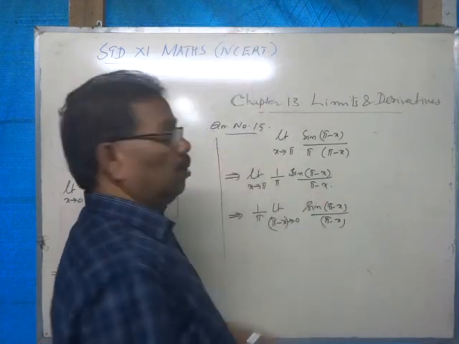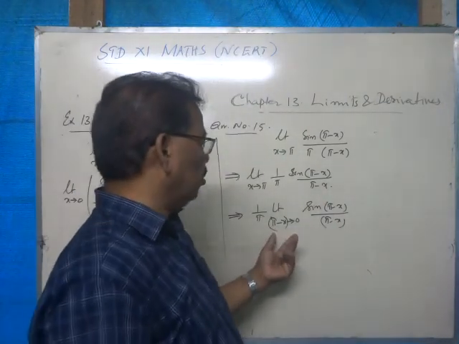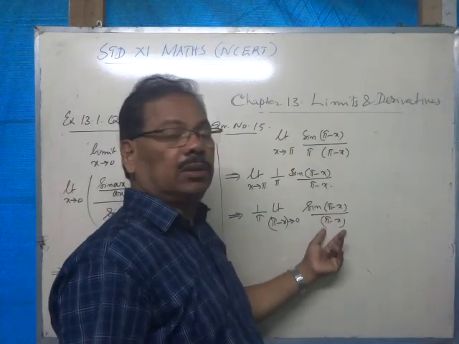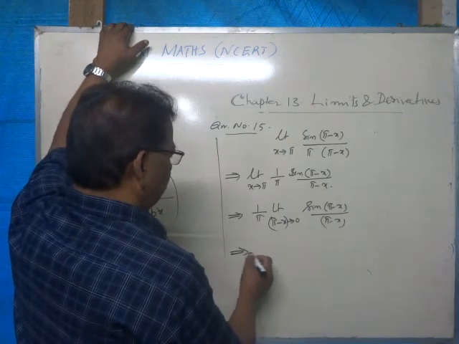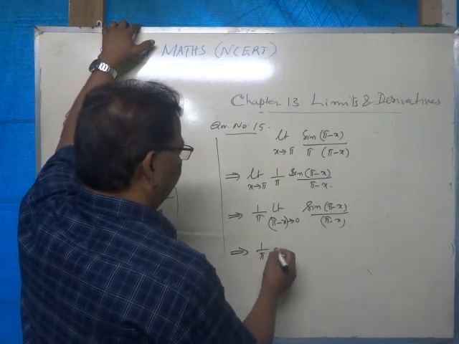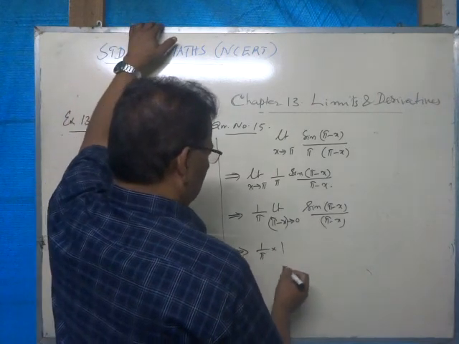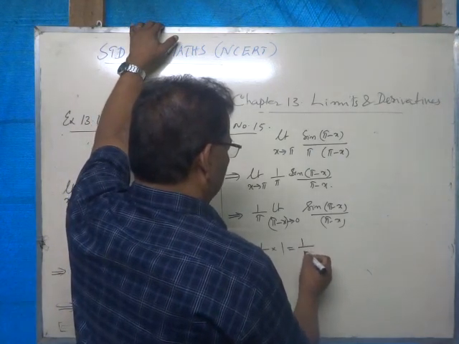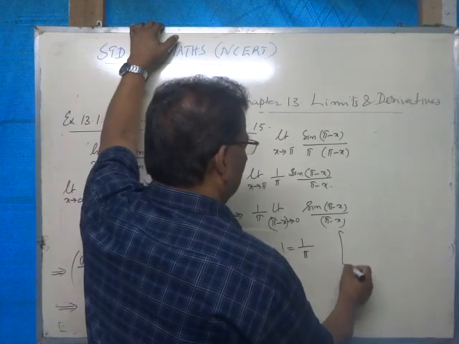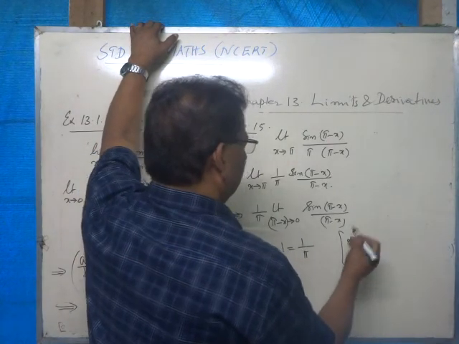You know, limit x tends to 0 sin x by x is equal to 1. Therefore, the answer must be 1 by pi into 1. That is equal to 1 by pi. Answer is 1 by pi.